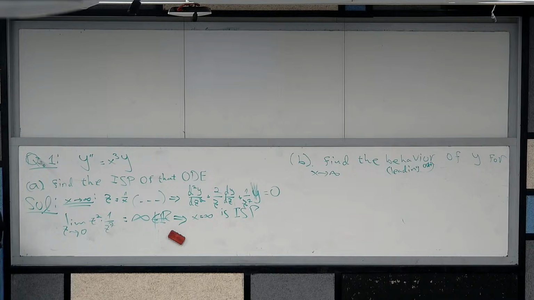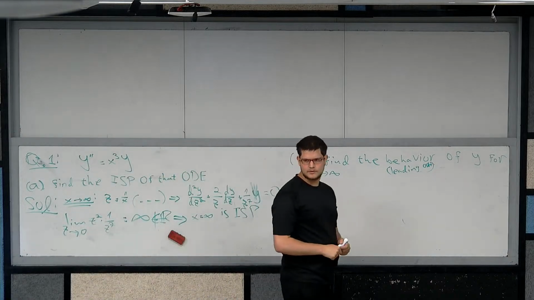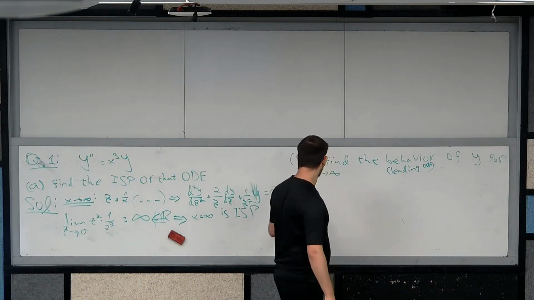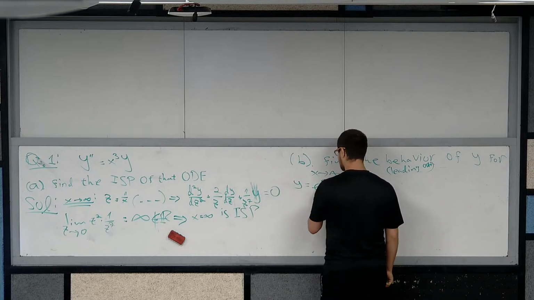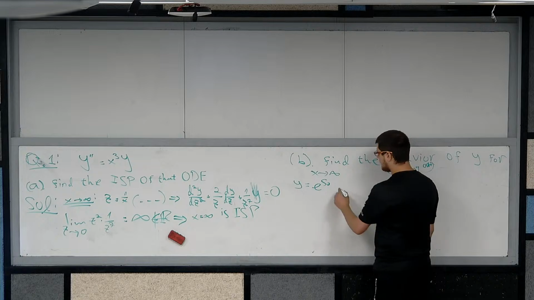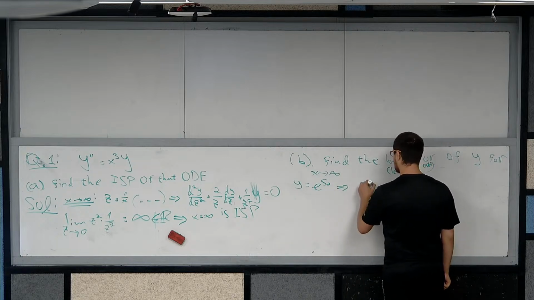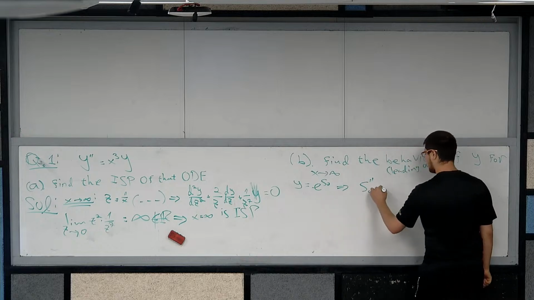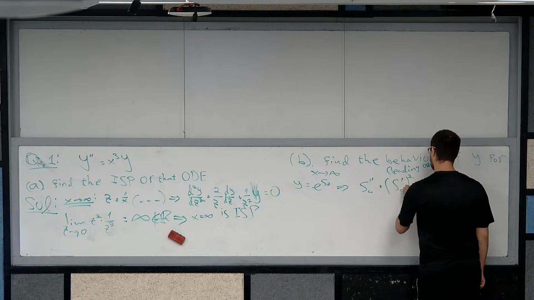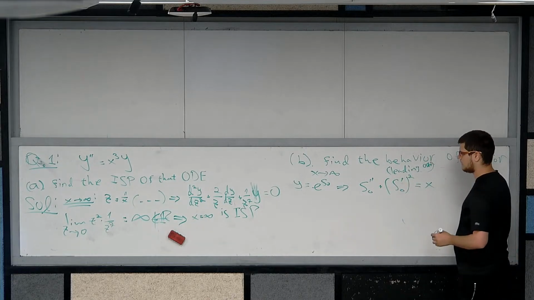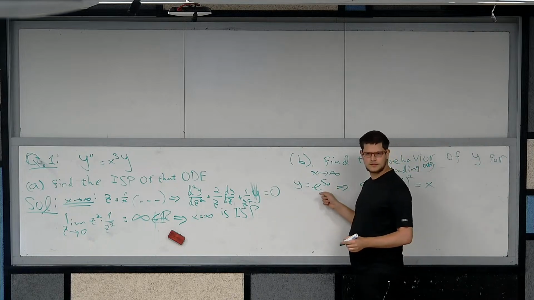Okay, so to find the first order, what do we do? Substitute y equal e to the S0. And then you end up with an equation of S0 double prime plus S0 prime squared equal x. How do you get that? That is just the second derivative of that thing.